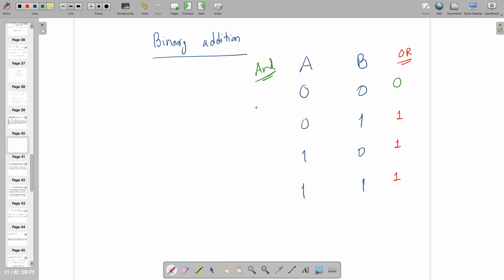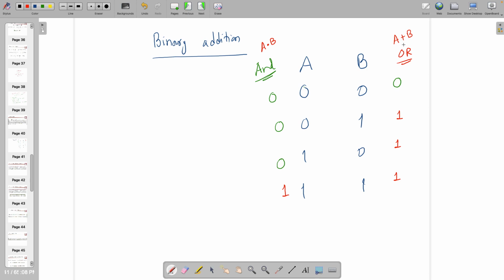Whereas in AND, what will the output be here? 0, this one 0, and this one is 1. So what does it mean? If any one input is 0, the output is 0. The AND gate is actually denoted with a center dot, and OR with a plus, but it does not add that way.